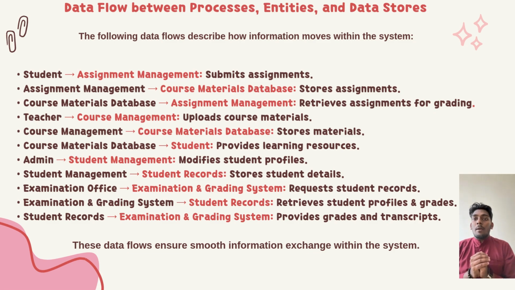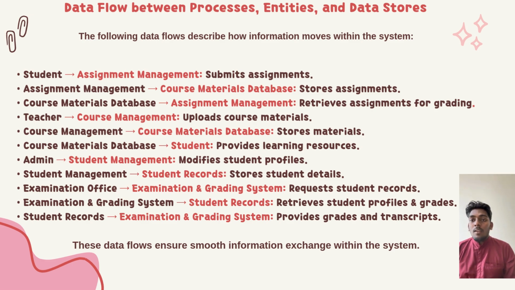Secondly, assignment management goes to course materials database: stores assignments. Thirdly, course materials database goes to assignment management: retrieves assignments for grading. Fourthly, teacher goes to course management: uploads course materials. Fifthly, course management goes to course materials database: stores materials.